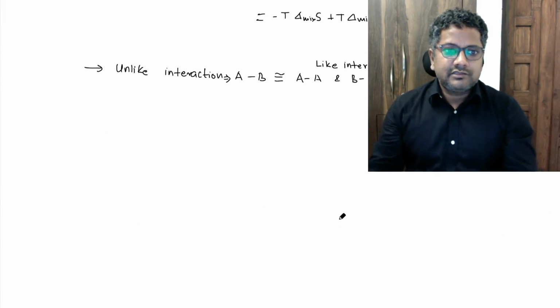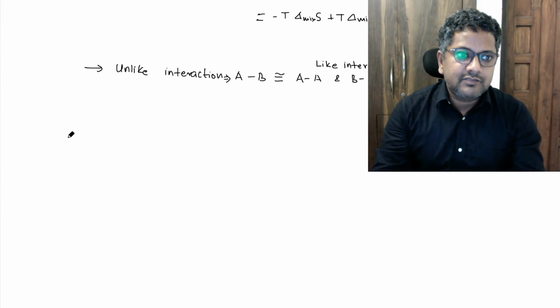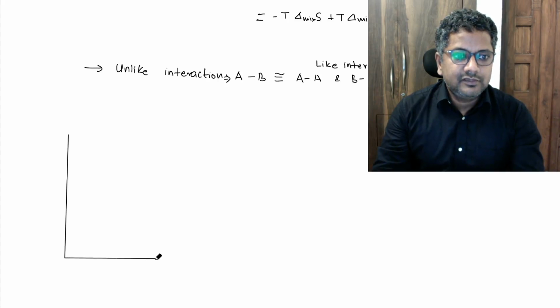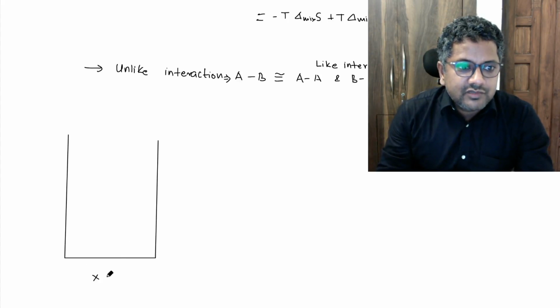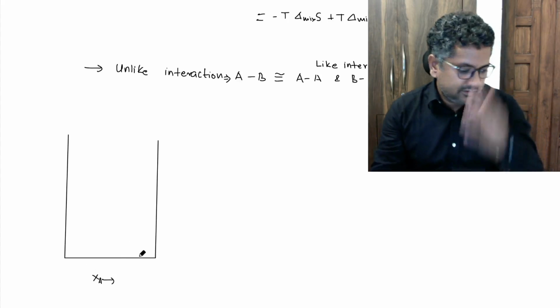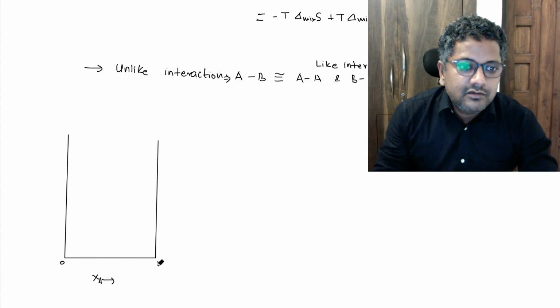Now on a single plot you can explain all these things together. All three thermodynamic factors you can represent very simply. Suppose this is the mole fraction of A. Here it is 0, here it is 1.